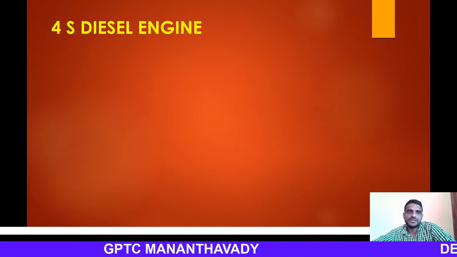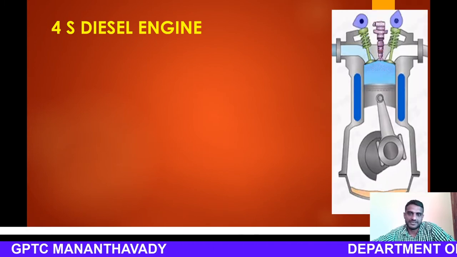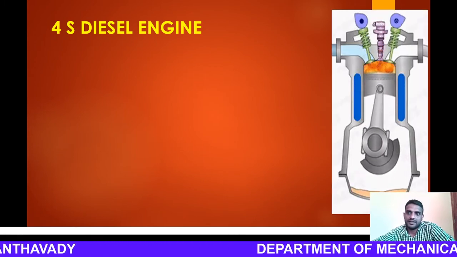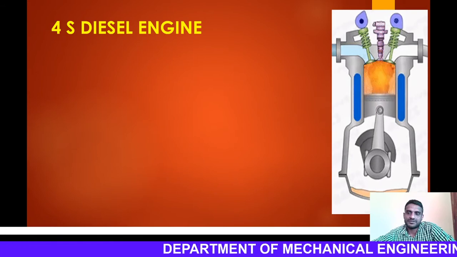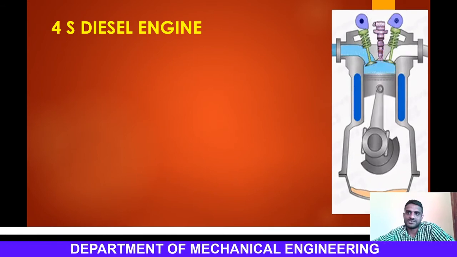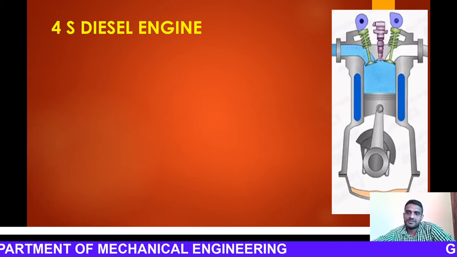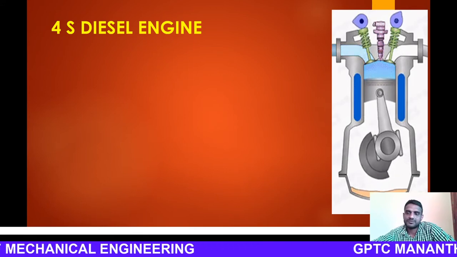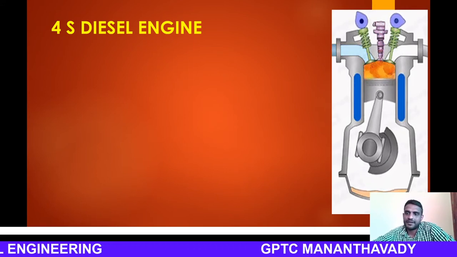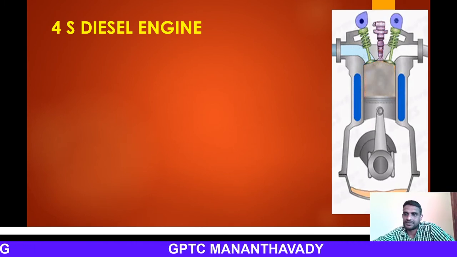Now let's discuss the four-stroke diesel engine, and here the animation of this four-stroke diesel engine is shown. Everything is similar except the spark plug is replaced by a fuel injector.